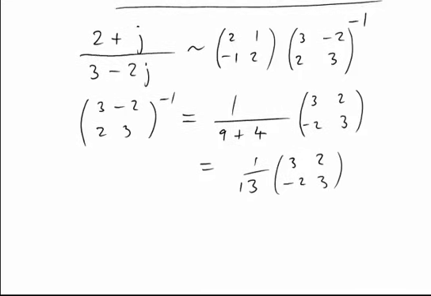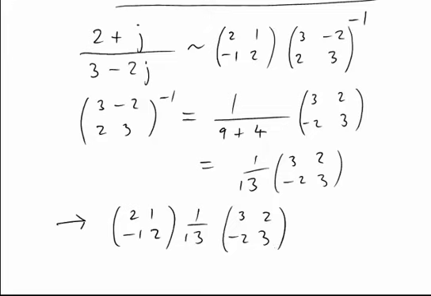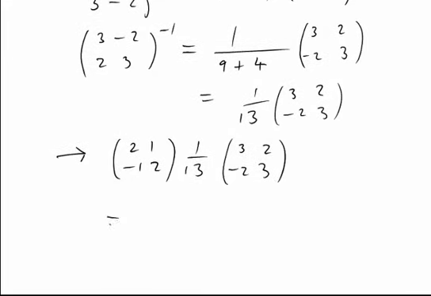And so we end up doing the matrix multiplication: 2, 1, minus 1, 2 multiplied by 1/13, 3, 2, minus 2, 3.